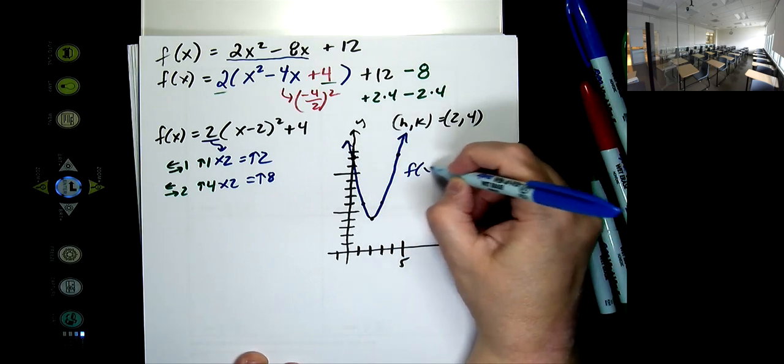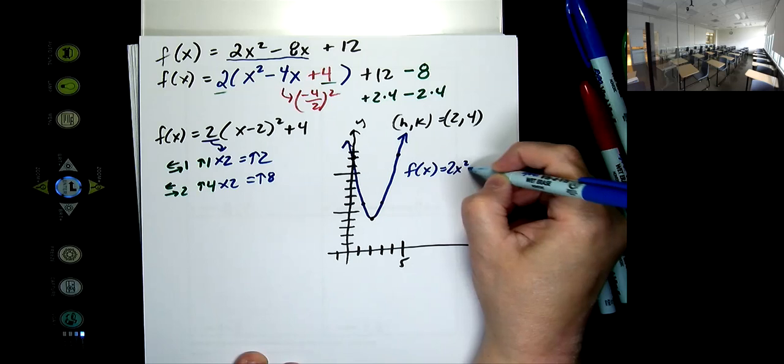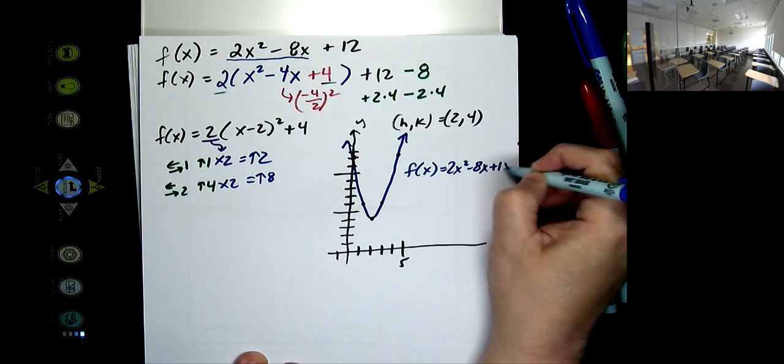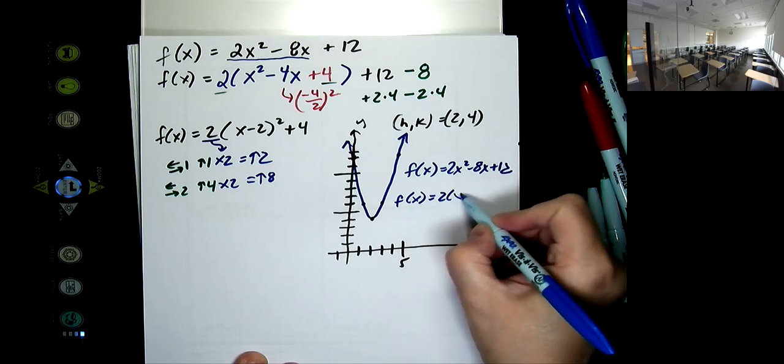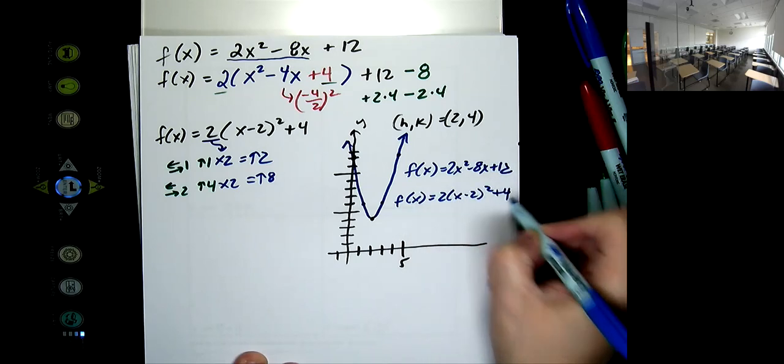So that is f of x equals 2x squared minus 8x plus 12. Or in the form we just wrote it, 2 times x minus 2 squared plus 4.